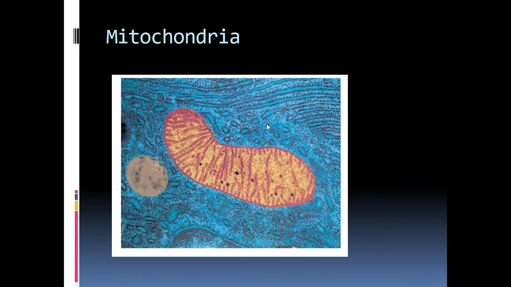When we talk about the function of mitochondria, basically it is to generate energy from energy-rich molecules like sugars and fats. The energy is generated in the form of a molecule known as adenosine triphosphate, or ATP in short.